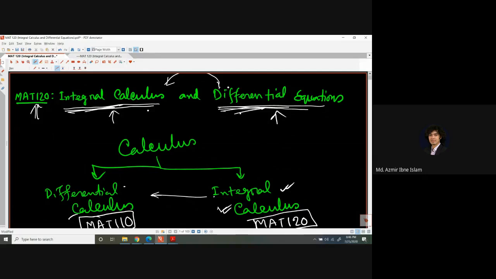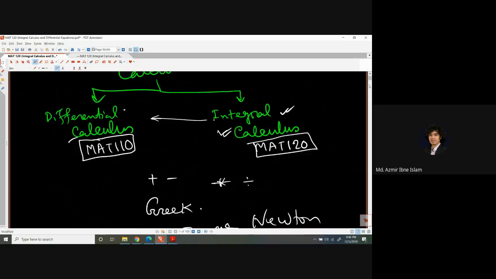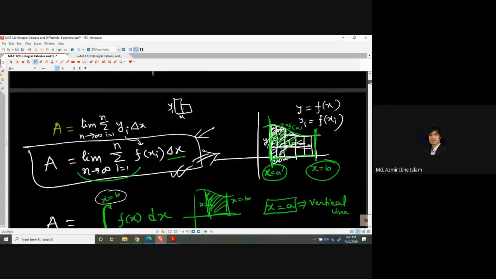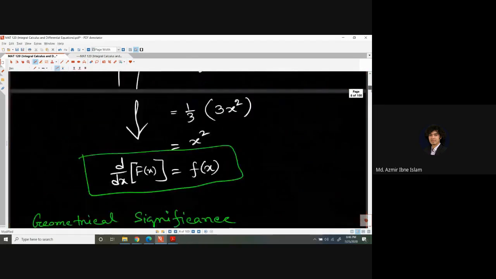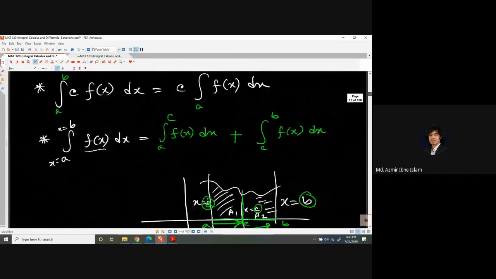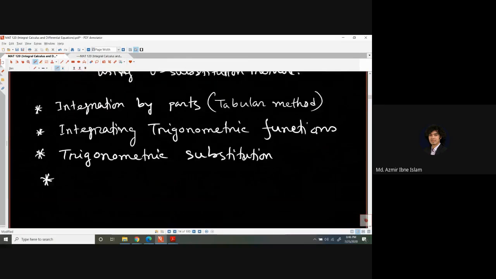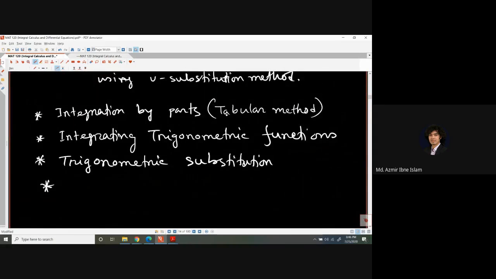Differential equations are actually based on integral calculus, so without the ABC of integral calculus we can't start this part. You will see that for solving a differential equation, the concept of the tabular method may be helpful. That's why we have to know the tabular method besides integration by parts.